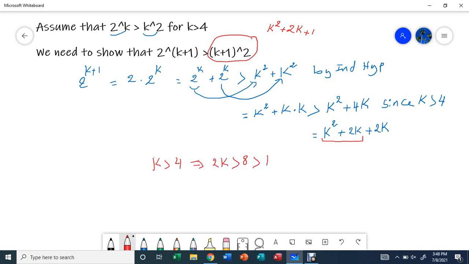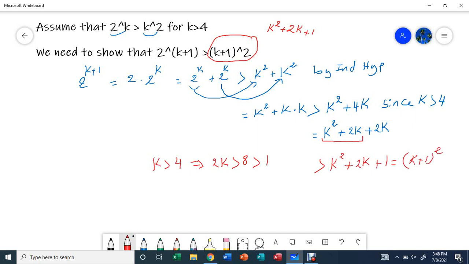So I'm going to replace the 2k here by 1 and make it greater than k squared plus 2k plus 1, which is the same thing as k plus 1 squared. And that's the end of the proof.